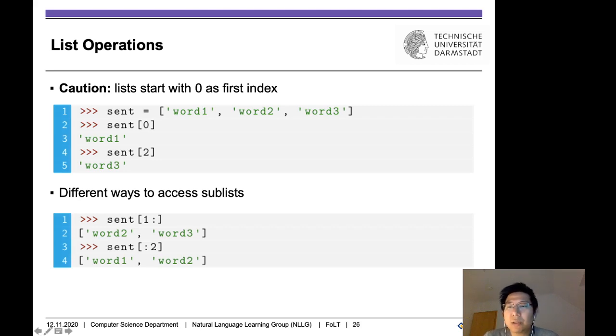Of course, you have different ways to access sublists, and you don't have to specify all the indices left or right of the colon. For example, here, you can just input 1 and the colon, and you will get the words from the second position to the final position.